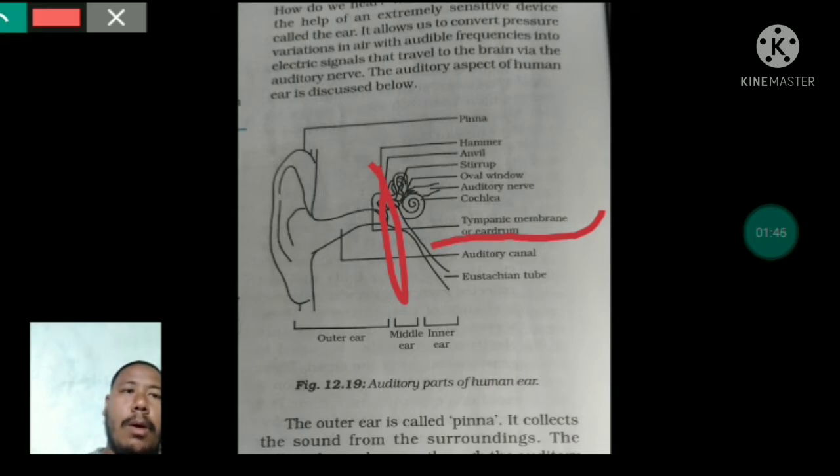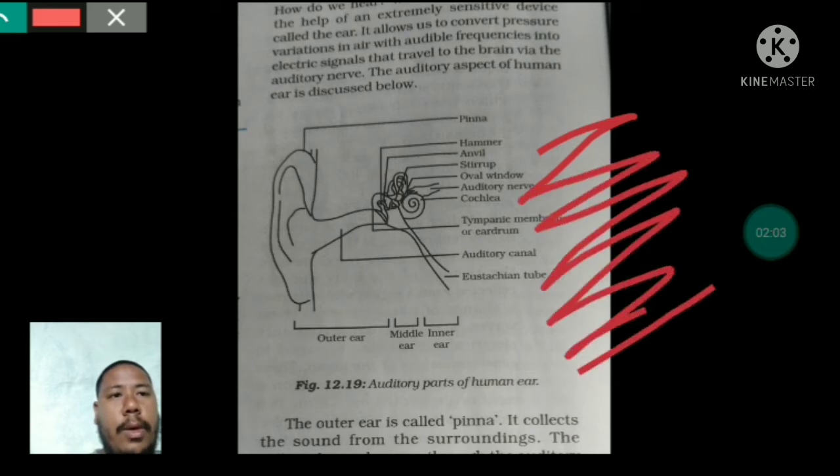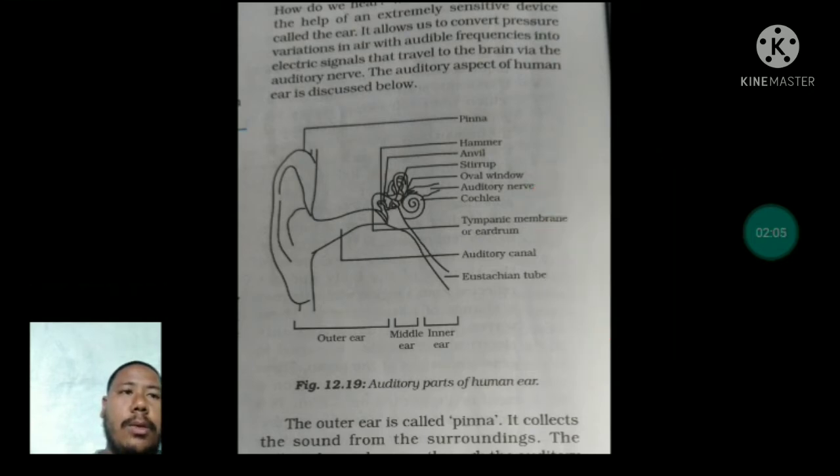Once the pressure is high, the eardrum increases the force and pressure. Similarly, the eardrum moves inward and outward like this. As it moves, the signals or the sound will go inside.